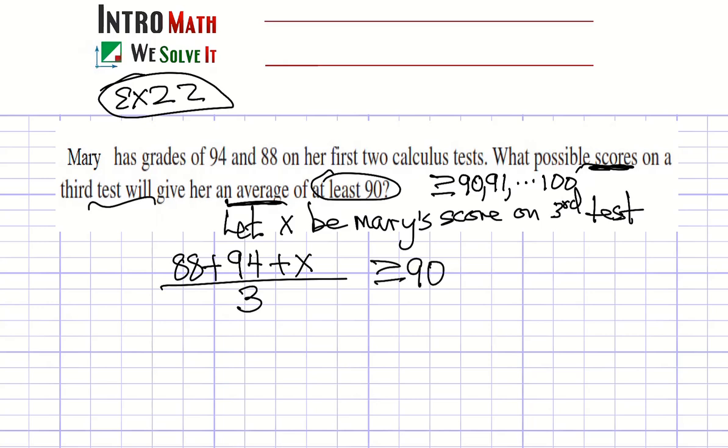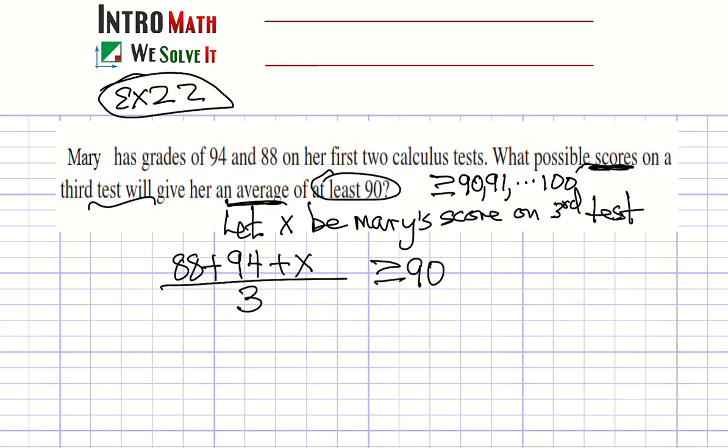You see that, right? That's all they want you to solve. So once you read it, understand it, and set it up, the rest is easy. The rest is just what we've been doing.